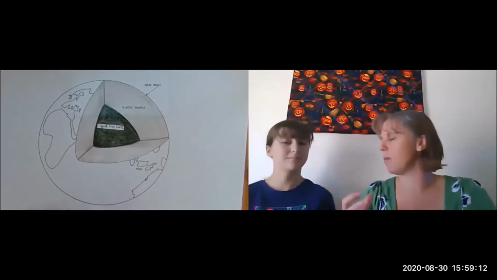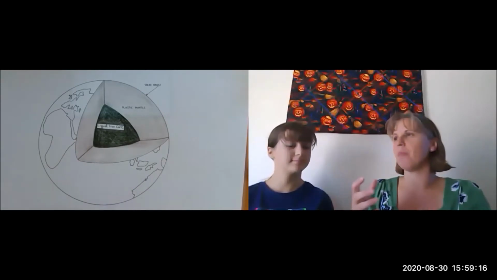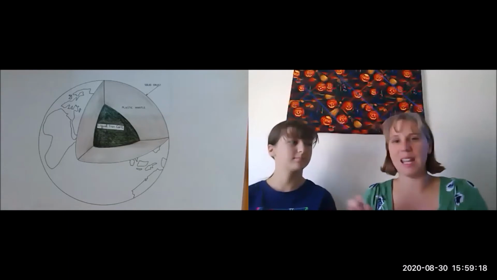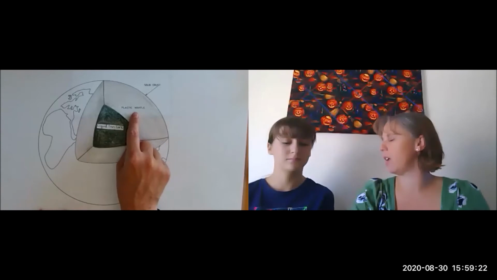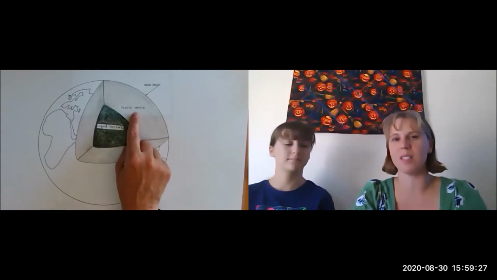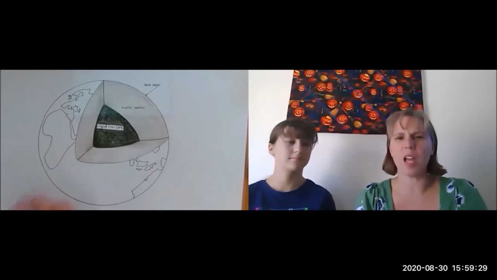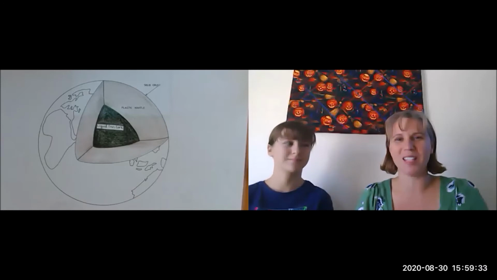And then this next layer is called the plastic mantle. It's called plastic mantle, not that it's made of plastic, but because it's a solid that behaves in a way like a plastic. So it bends and forms and takes different shapes. The particles are still moving in the mantle, but it's not a liquid, it's a solid that behaves like a plastic. We have a lot of work in our 3 states of matter lessons about types of solids.